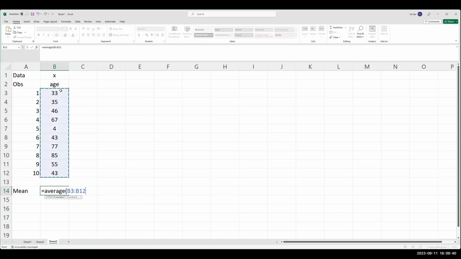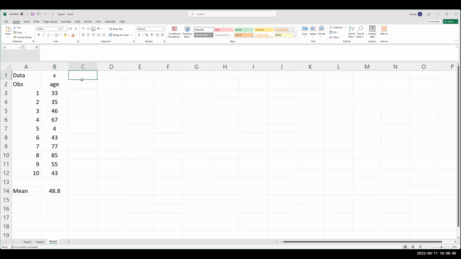Highlight all the data, close the parentheses, and that's the average age of the people in our sample. And then what I have to calculate is xi minus x bar, the difference between each of these and the mean.